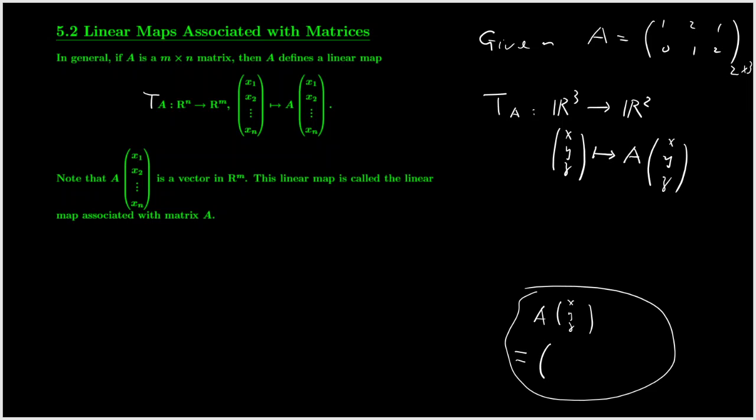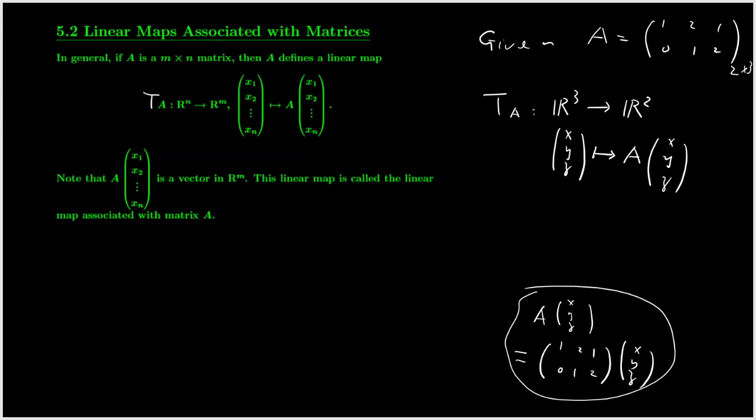A is the matrix, the first row 1, 1, 2, the second row 0, 1, 2. Then you multiply that on the right by x, y, z. If you do everything right, you are going to have a vector in the codomain, with 2 components.